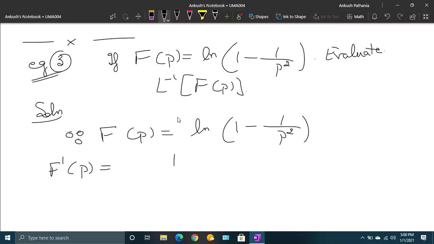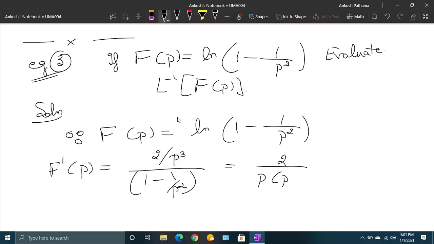When you differentiate it, you get 1 upon 1 minus 1 upon p square times 2 upon p cube, and then if you sort it out, p will get cancelled, leaving p square minus 1.